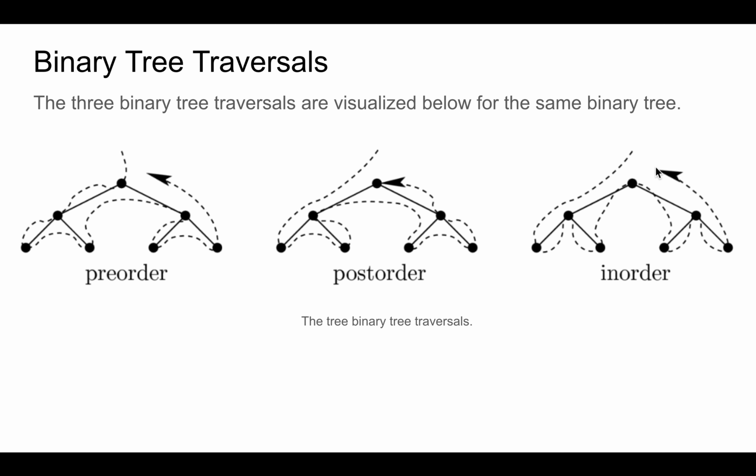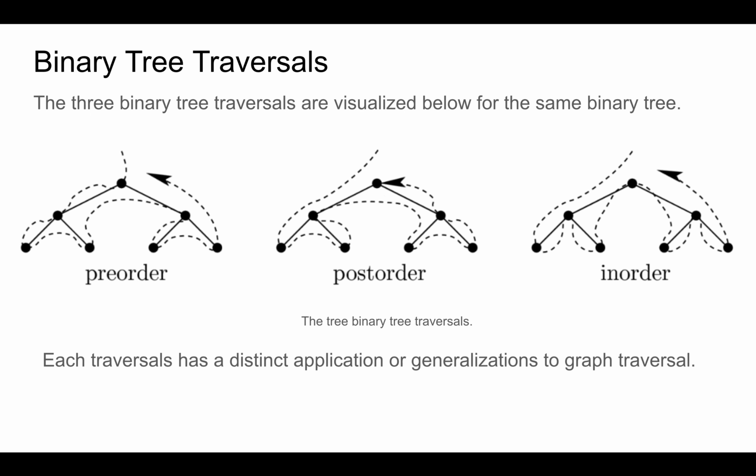In preorder, the second one we looked at, we are visiting the parents before we visit their children. So that is the order in which we would traverse the nodes. And in postorder, we are visiting the children before we visit each of the parents. So we're visiting all the node's children before we visit the node itself.